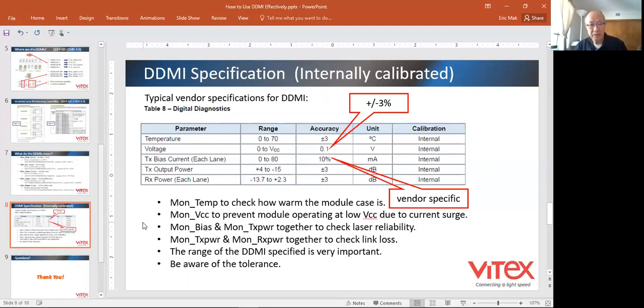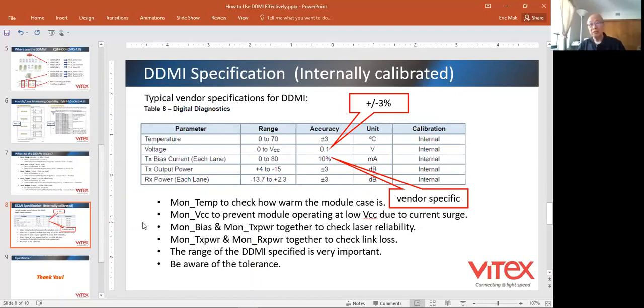The third one will be the bias, the laser bias current. Well, the laser bias current together with the laser power, you can know how the laser is operating and how healthy the laser is, right? Some of them, you know, if the laser output power dropped by half, that means 3 dB down.